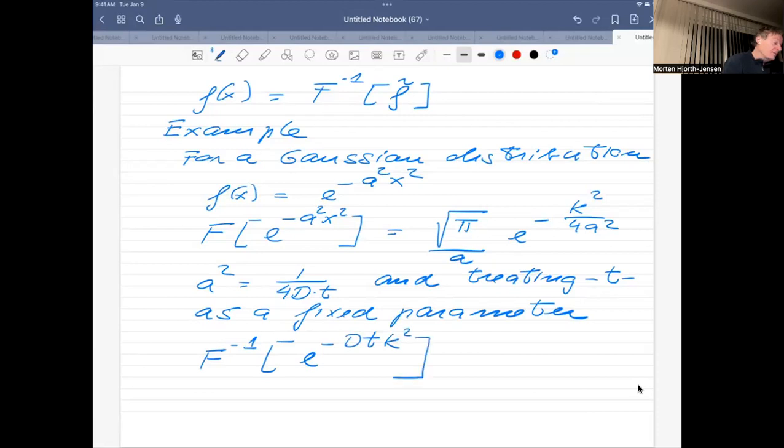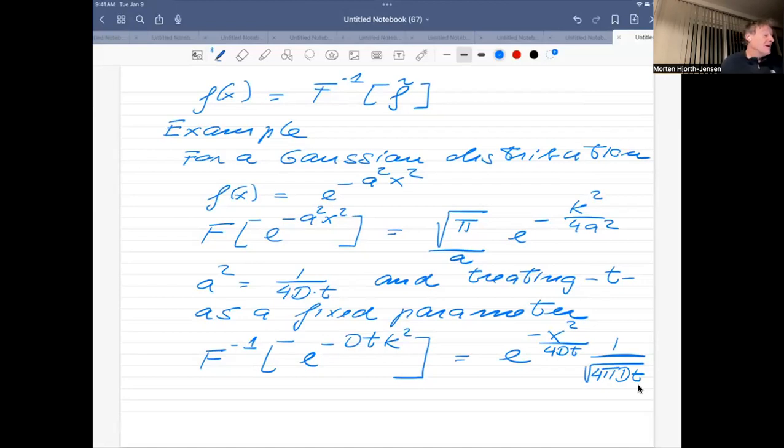So if I take that one, this gives me the equivalent of minus x squared divided by 4Dt, multiplied with a constant given by the square root of 4 pi times D times t. So that means that a Gaussian, when I Fourier transform it, stays a Gaussian, either in coordinate space or in momentum space.